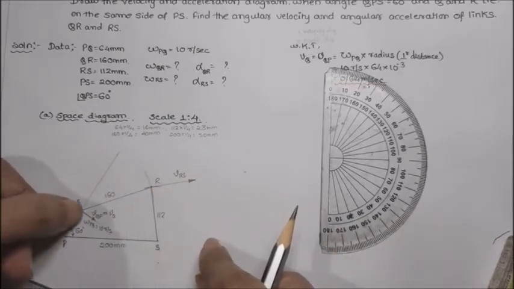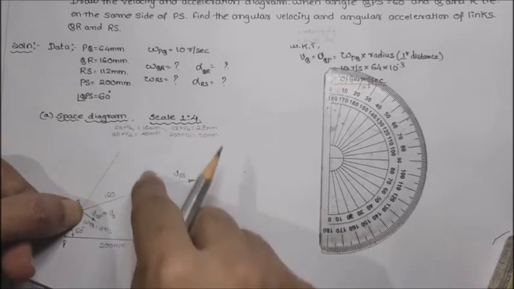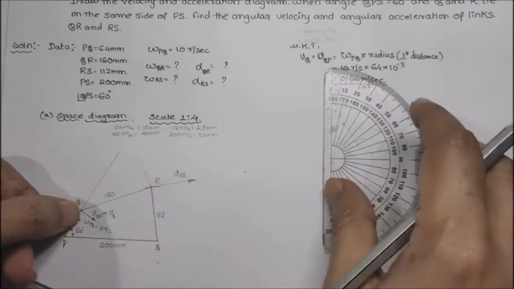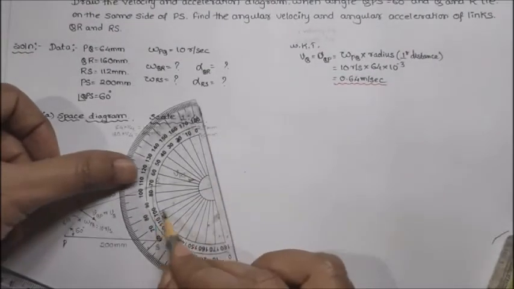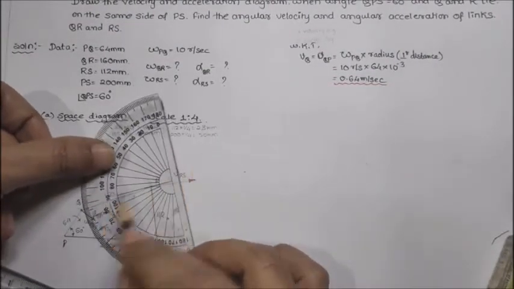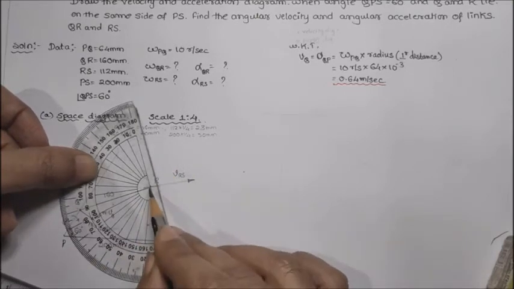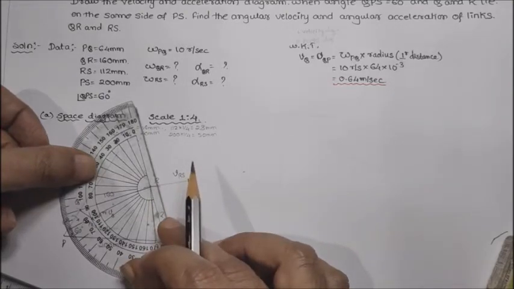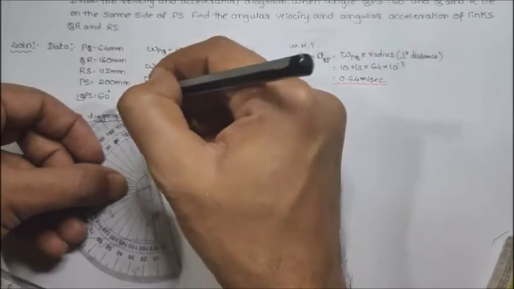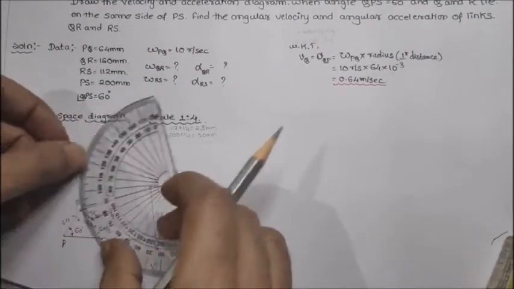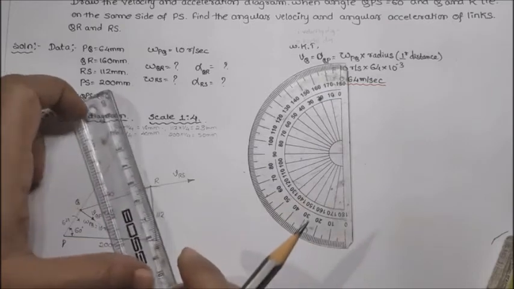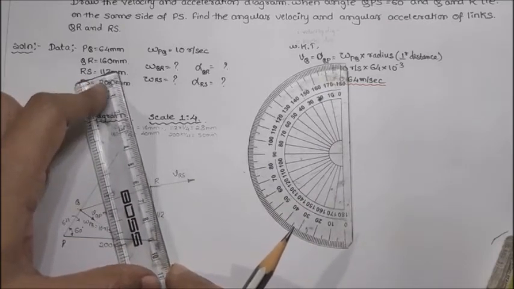Now keeping Q fixed and R making rotation, in which direction will it be? For that, keep the protractor 90 degree line in line with the R and Q line, and the point should be coinciding with the R point, and mark a point here as well as here, and you will get one straight line.